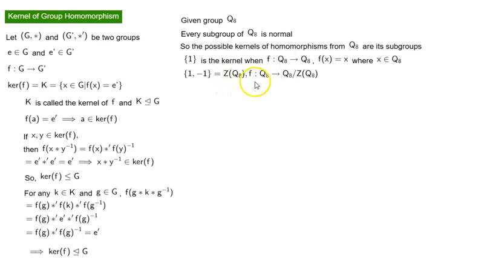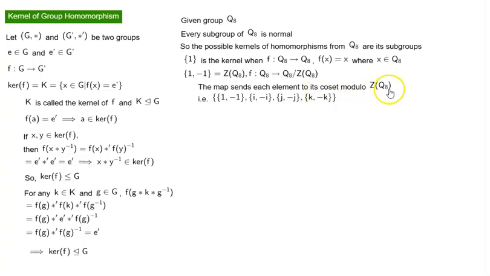Let's take the center of the group Q8, which is {1, -1}, written as Z of Q8. Now we have a homomorphism from Q8 to the quotient group Q8 by Z of Q8. The map f sends each element to its coset modulo Z of Q8. That is {1, -1}, {i, -i}, {j, -j}, {k, -k}.